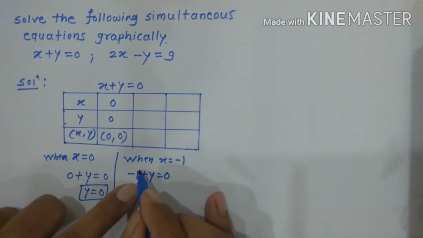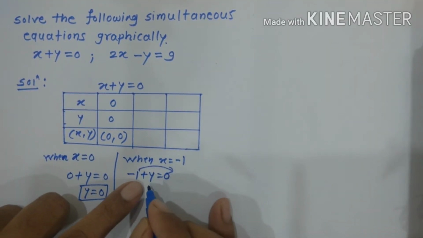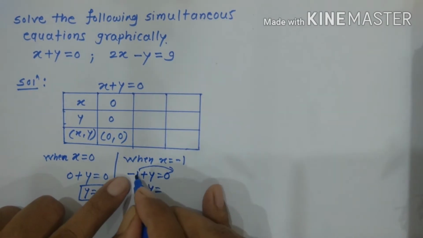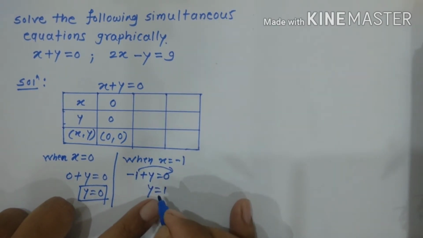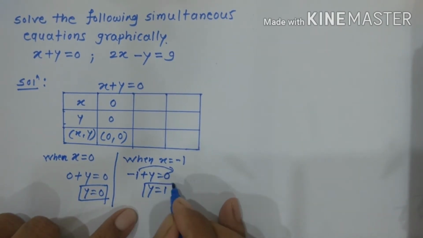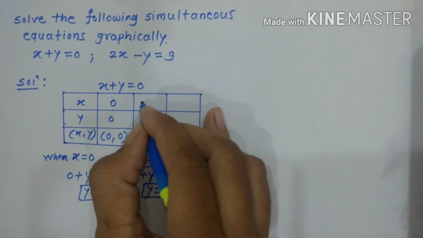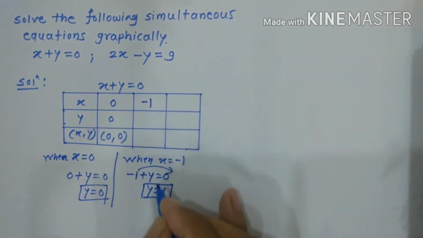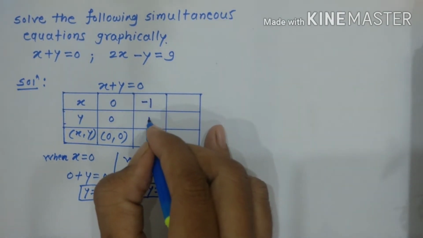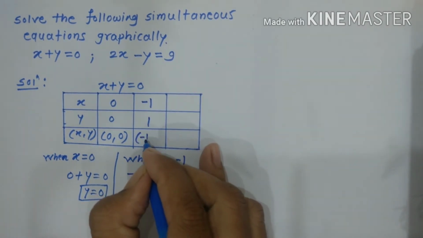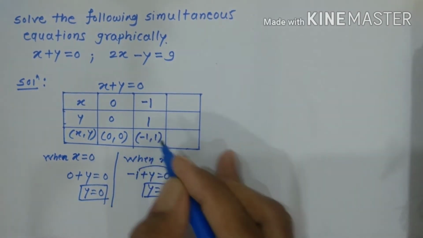Now transpose minus 1 to right side. Therefore, y equal to minus 1 becomes plus 1. That is value of y is equal to 1. Put the value of x and y in third column. That is x is minus 1 and y is 1. Solution is minus 1 and 1.